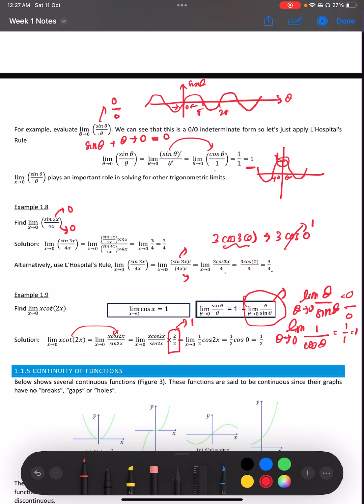So here you will get 2x cos 2x over 2 sine 2x, limit x approaching 0. For this part, it looks like this format, which is equivalent to 1.